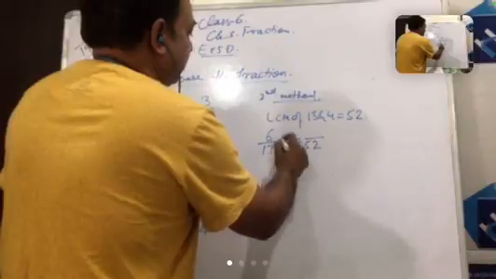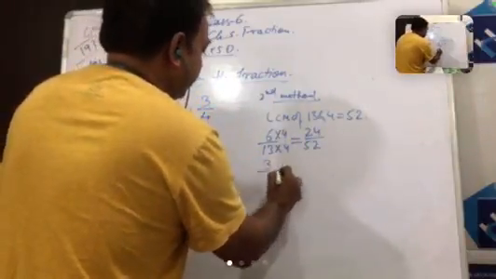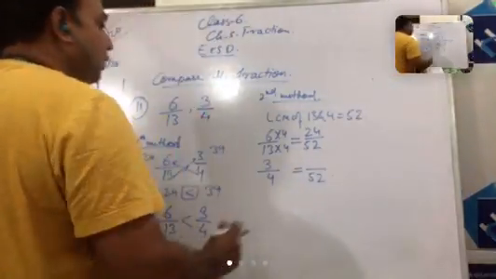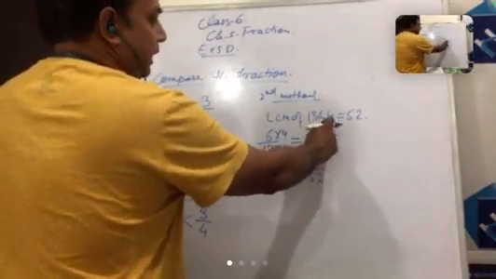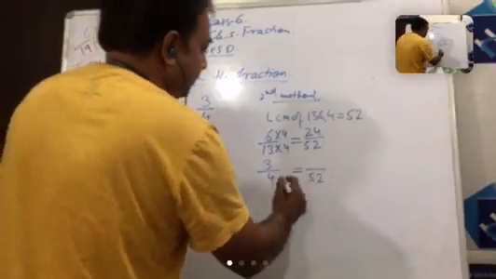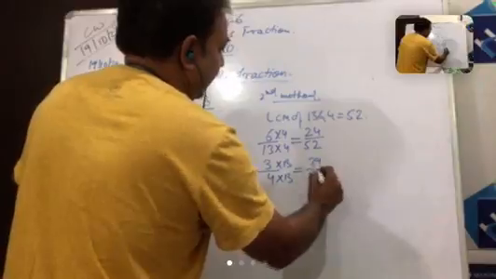So 13 4s are 52 and 6 4s are 24. Next, 3 upon 4 and the required denominator is 52. How do we find this? 13 times 4 is 52 and 4 times 13 is 52. So 13 3s are 39.